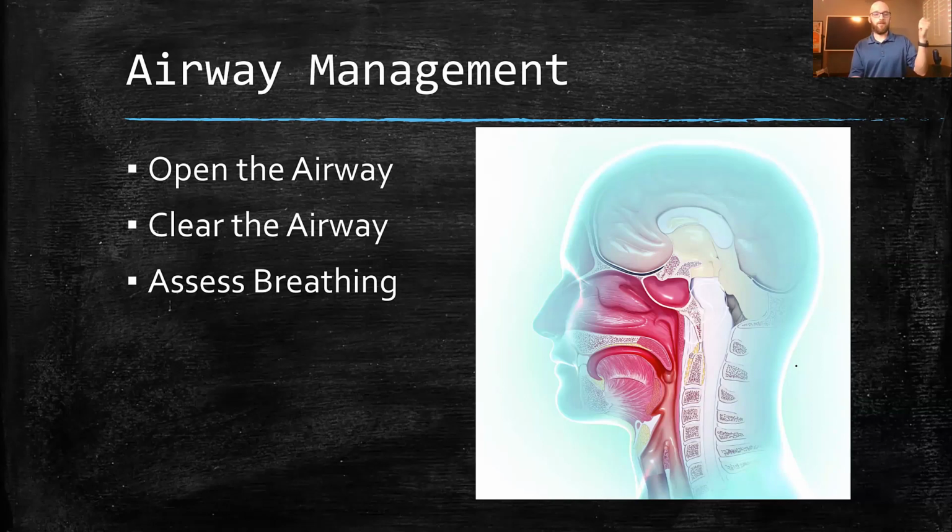Or somebody could have an open airway that is bleeding into their mouth or has some vomit in their mouth, but they're still breathing. So the airway and the breathing are separate, but some of what we do is based off of what both of those are doing. So we need to assess the breathing.